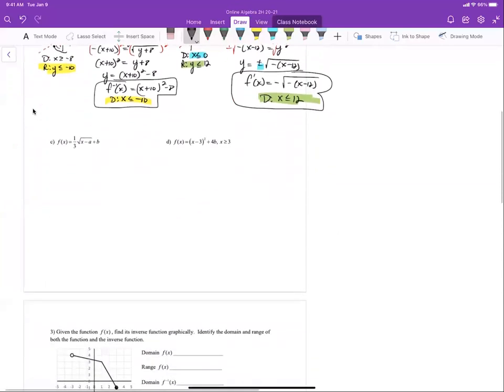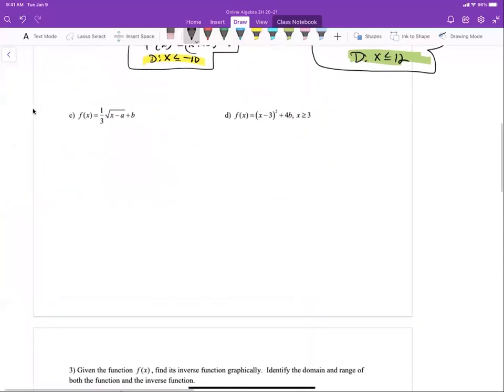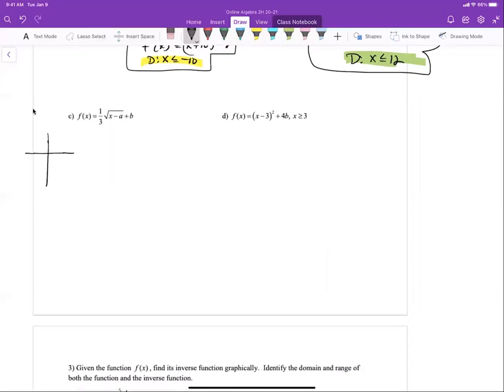Okay, all right, C. I have a parent function that is a square root function that has been shifted to the right A units and up B. So we'll say this is at point (A, B).